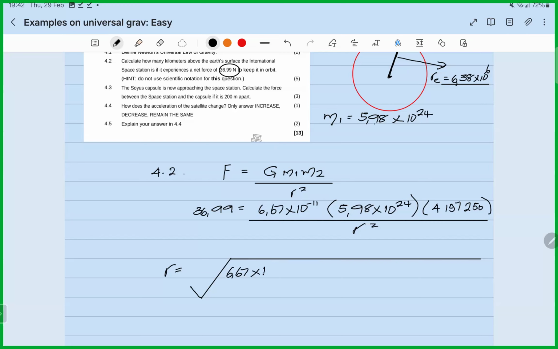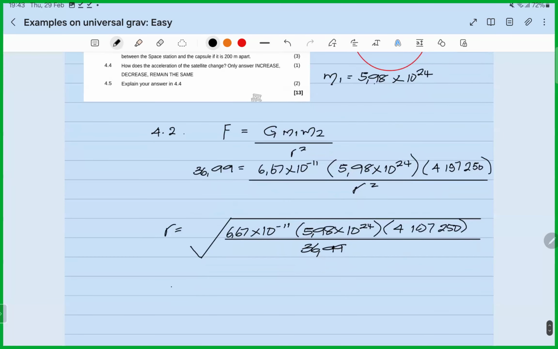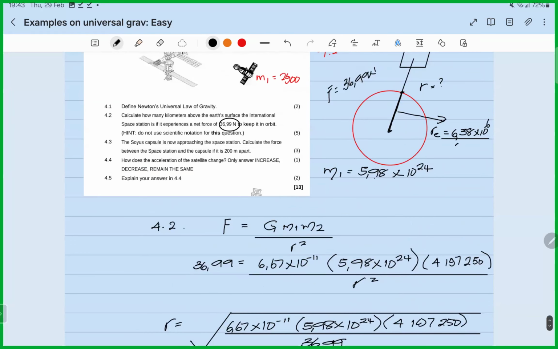6.67 times 10 to the minus 11, 5.98 times 10 to the 24, 4,197,250 over 36.99. Anyone's got the answer for R? Because I'm guessing it's going to be about as big as this value, or just slightly bigger than that.